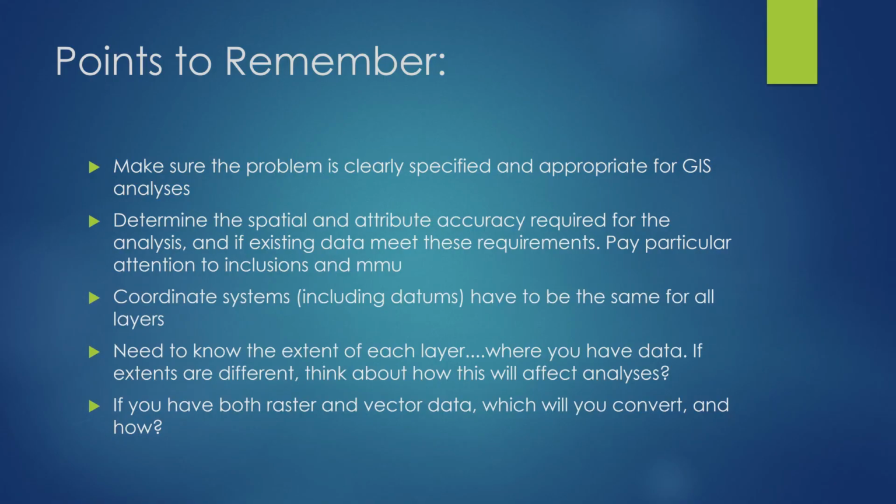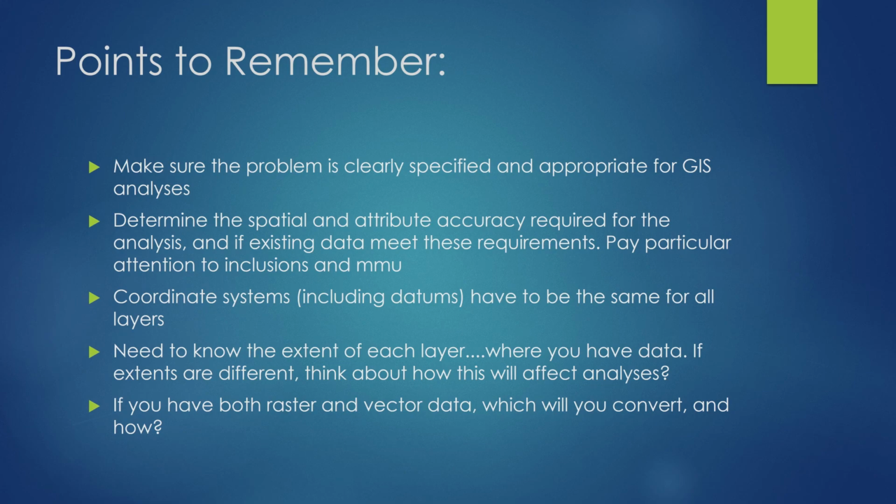All right, so you have to convert. When you do convert from vector to raster, you have to think about how big your cell sizes are going to be, because it'll really make a difference on how much data you'll get. If you're going from raster to vector, one of the biggest questions is, how precise am I going to be?